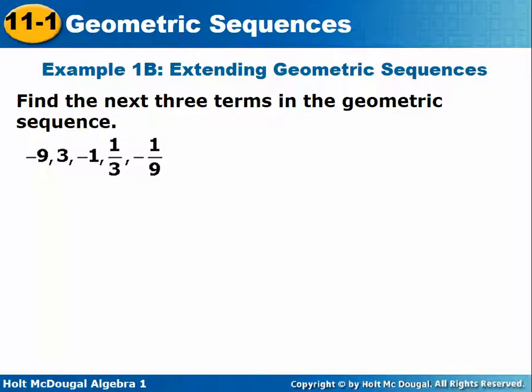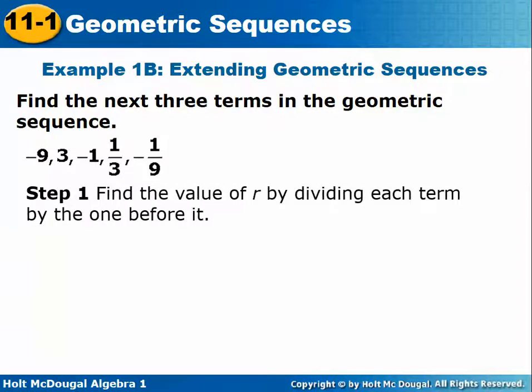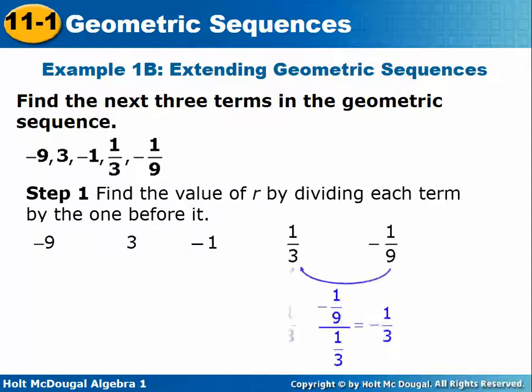Here's another example. This one has fractions, but that's okay. Now it's a little tricky to divide 1/9 by 1/3, but pick the easier ones. If you take -1 divided by 3, that's just -1/3. If you take 3 divided by -9, that's also -1/3.